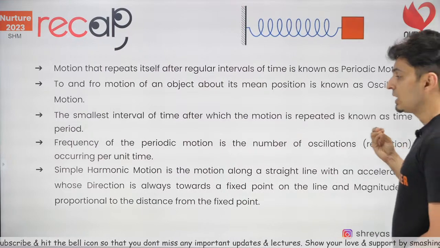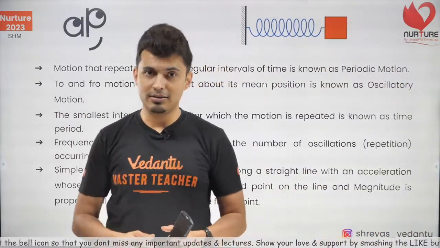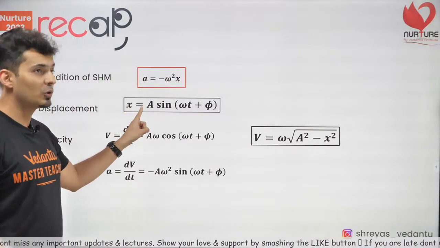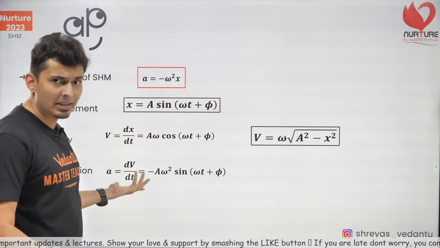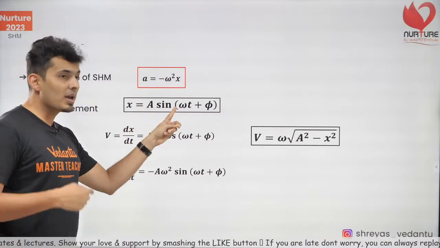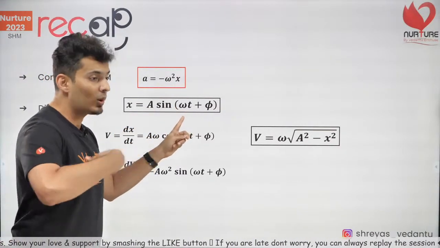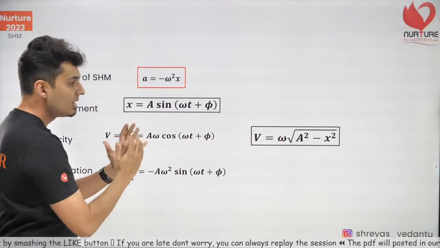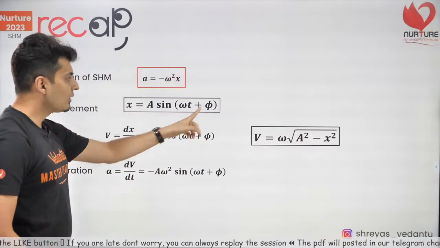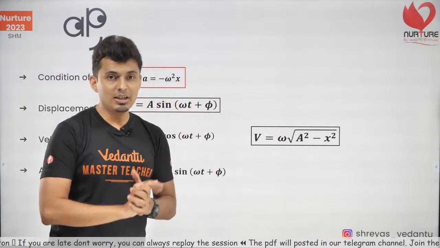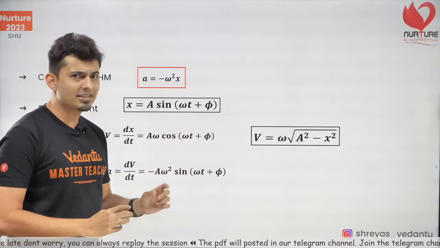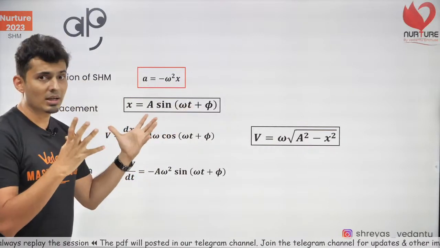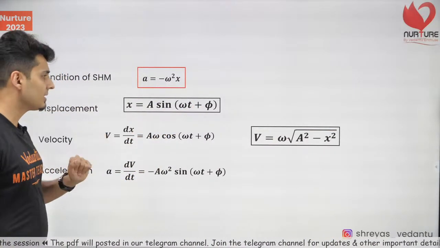SHM has peculiar characteristics, like the equation of SHM comes out to be a single sine term or a cosine term, where A is the amplitude, omega is the angular frequency, how quickly it is oscillating. A tells you the extent of the oscillation, the amplitude on either side. Phi tells you where it is initially when you open your eyes. So if phi is 0, it was at the mean position and going that side. So it tells you the initial location of that SHM.